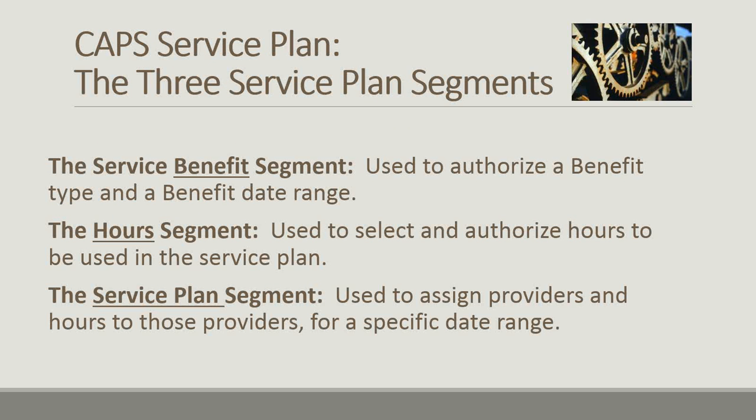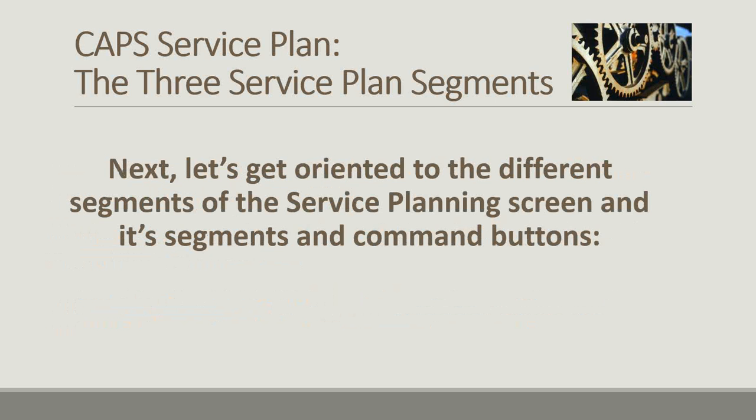Then there's an hours segment used to select and authorize the number of hours that you are going to be giving the consumer or the client, and then the service plan segment is used to assign those providers that are going to be providing the care or the services. So let's get oriented to the actual screen itself, what it looks like, and where those different segments are.